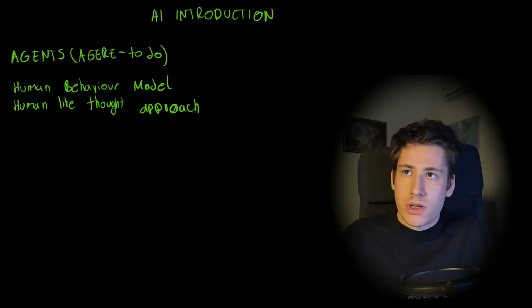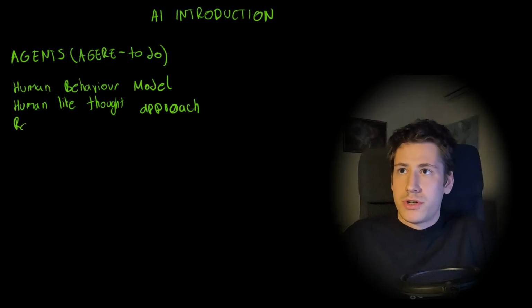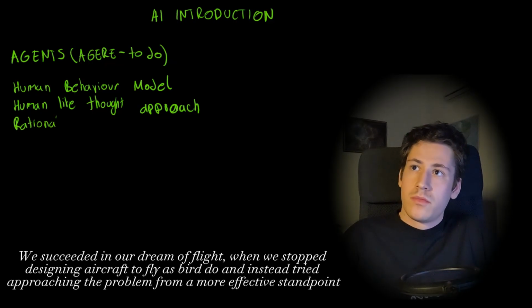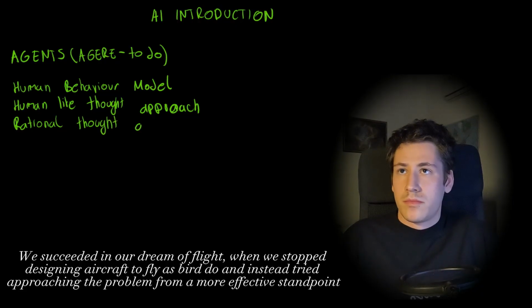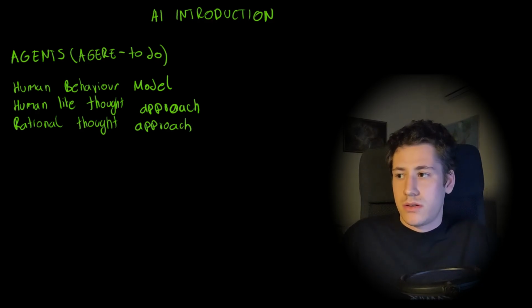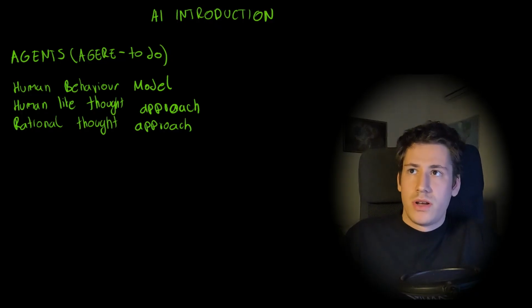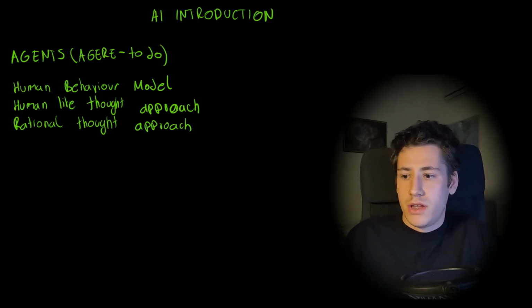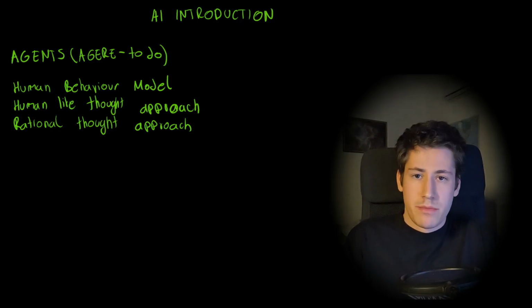But the more beneficial ones have proven time and time again to be the rational thought approach, so this model actually tries to create rational agents that are based on objective rationality rather than human-like thought, and it has been proven as a superior way of creating agents, but not the best way per se.